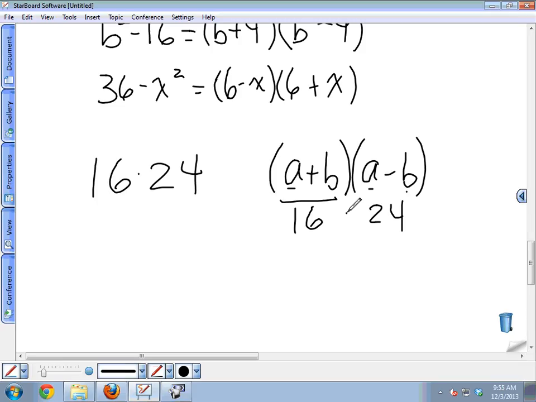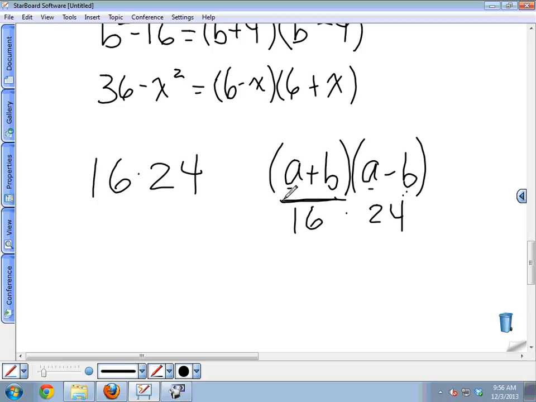What number plus another number is equal to 16? What are my possibilities? 8 plus 8, but is 8 minus 8 24? No. I don't want times, I want addition.